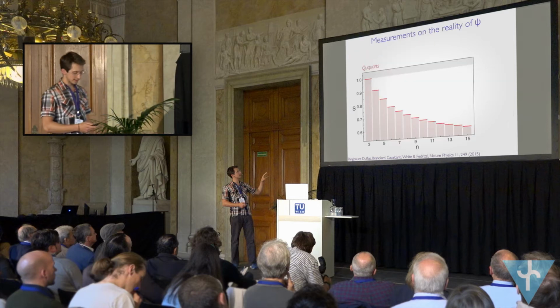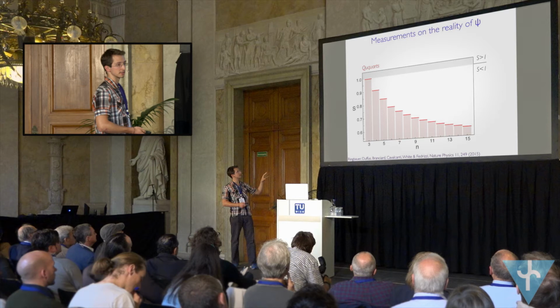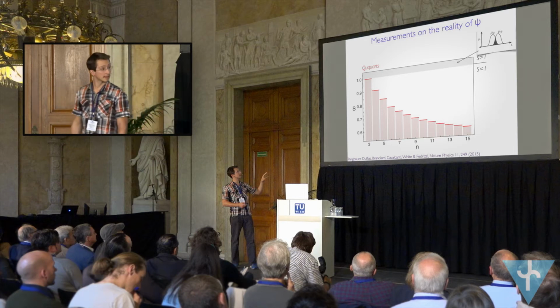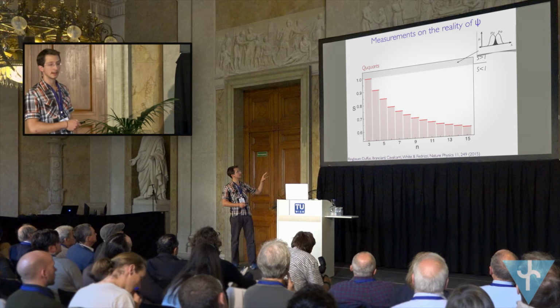And that's a typical results plot that you would find in our paper. So you have this S parameter, which is the upper bound on the overlap ratio, our figure of merit, versus the number of states. And you have here the gray shaded area up there is where S is larger than 1. So that's where the maximally subsystemic models live. And the red bars are the theory predictions for perfect measurements.